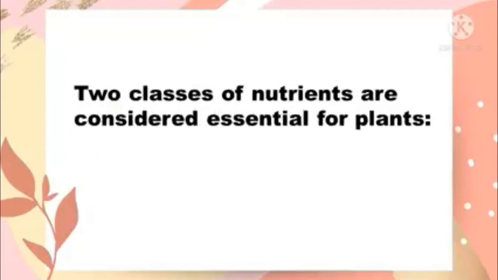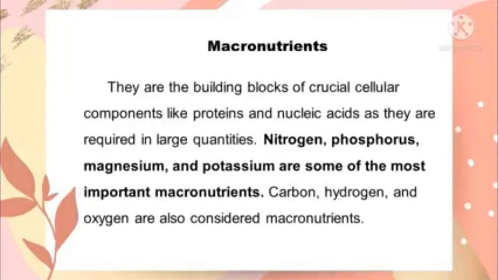And we have two classes of nutrients that are considered essential for plants. The first one is macronutrients. They are the building blocks of crucial cellular components, like proteins and nucleic acids, as they are required in large quantities.